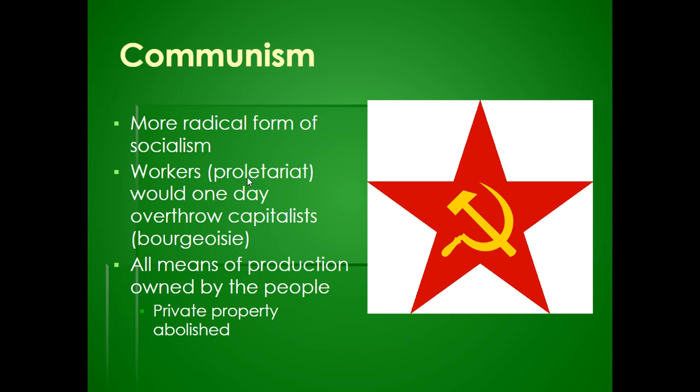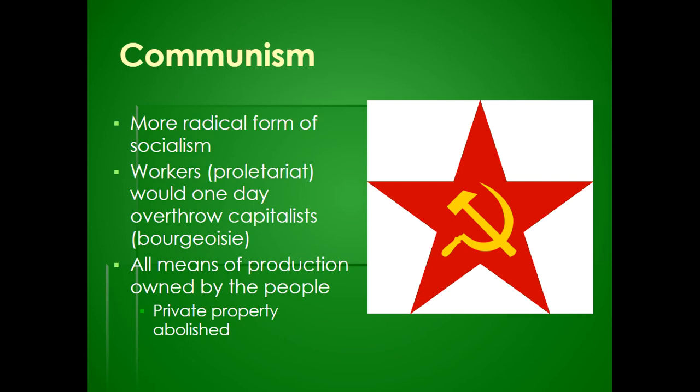Okay, so I said that basically the world is divided into the haves and the have-nots, according to Marx. So according to communism, his theory, the proletariat, they're the working class. So you need to know this word, I would highlight it. Proletariat means working class, and they would one day overthrow these higher social classes, the bourgeoisie, because of the poor working conditions and the hesitance to actually improve their conditions.